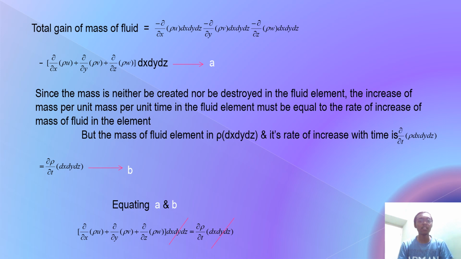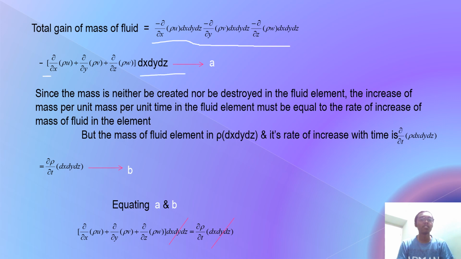The total gain of mass of fluid is minus del by del x of rho u dx dy dz minus del by del y of rho v dx dy dz minus del by del z of rho w dx dy dz. In this equation we will take dx, dy and dz common.